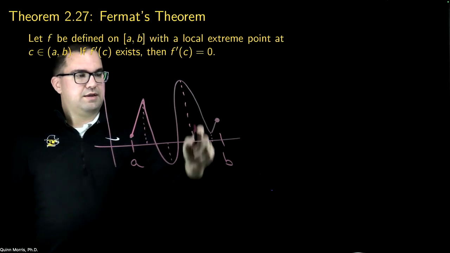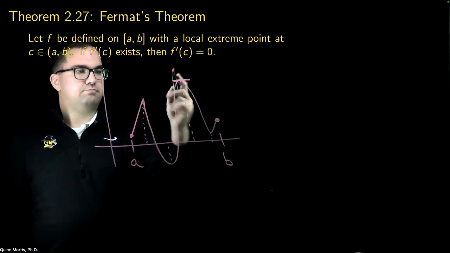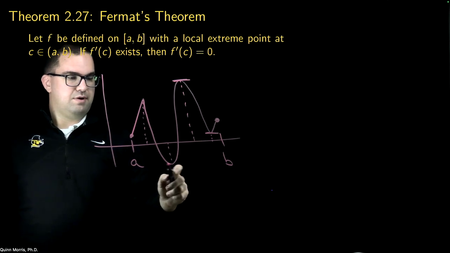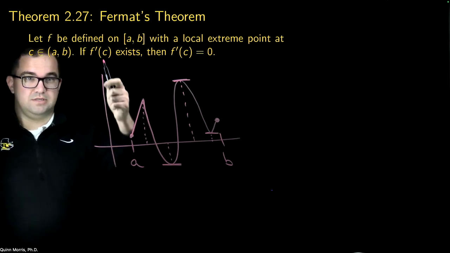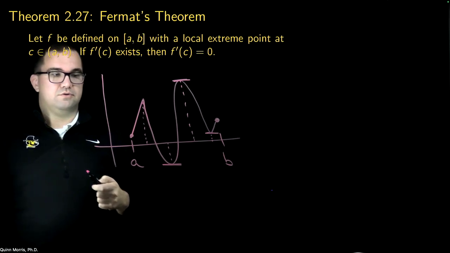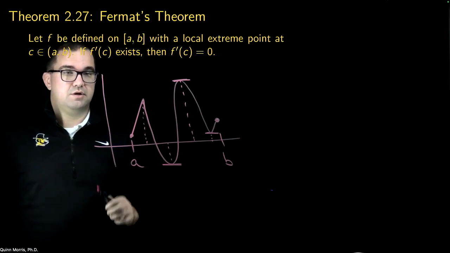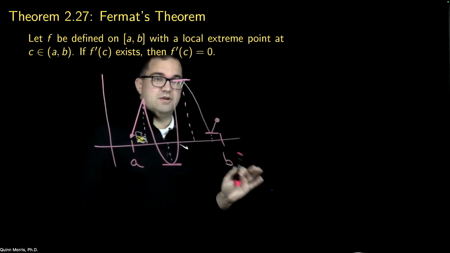So if I look here, my function is differentiable, derivative is 0. Here my function is differentiable, derivative is 0. Here my function is differentiable, derivative is 0. So these are all confirming the result. Here, my function has a corner. It's not differentiable here, so we can't say anything about the derivative here.